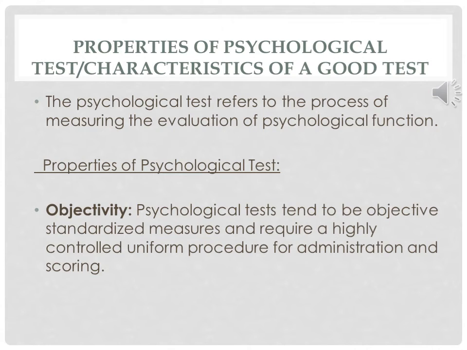The first one is objectivity. Psychological tests tend to be objective, standardized measures, and require a highly controlled, uniform procedure for administration and scoring. From this we can understand that the test should be free from subjective judgment regarding the ability, skill, knowledge, trait, or potentiality to be measured and evaluated.